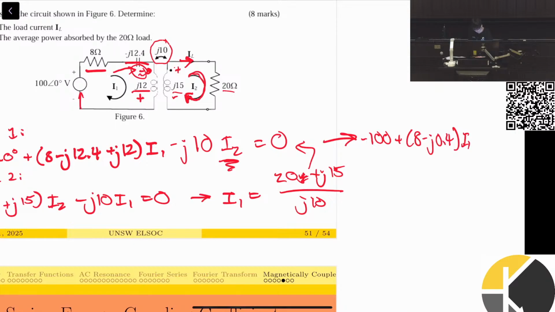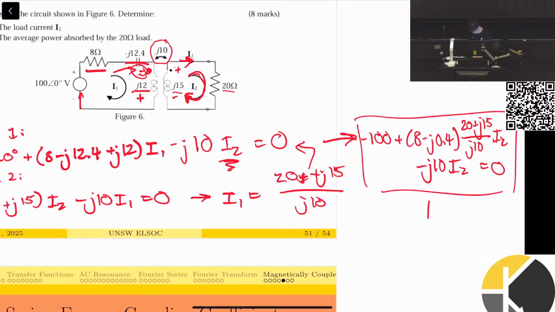I1 will sub in as the value we just calculated, which is (20 plus j15) over j10 times I2, minus j10 I2. If I rearrange this whole equation to find I2, I get 100 over (8 minus j0.4, times (20 plus j15) over j10, minus j10).